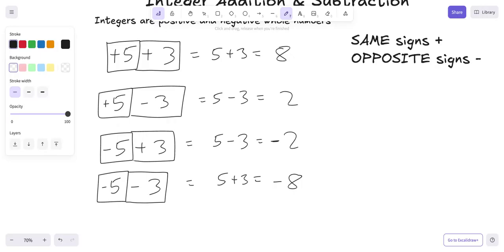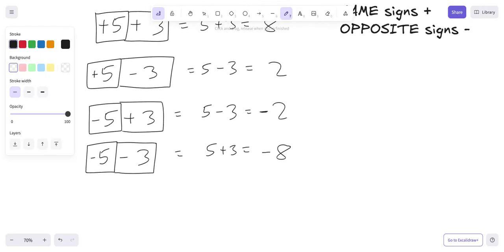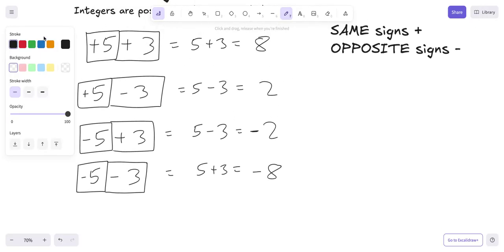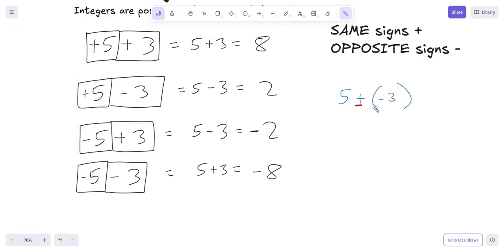Okay, sometimes there's going to be double signs. For example, if I have 5 plus negative 3. Here we have a double sign, right? If we have two signs next to each other, we still use the same thing. Are these two signs the same or opposite?